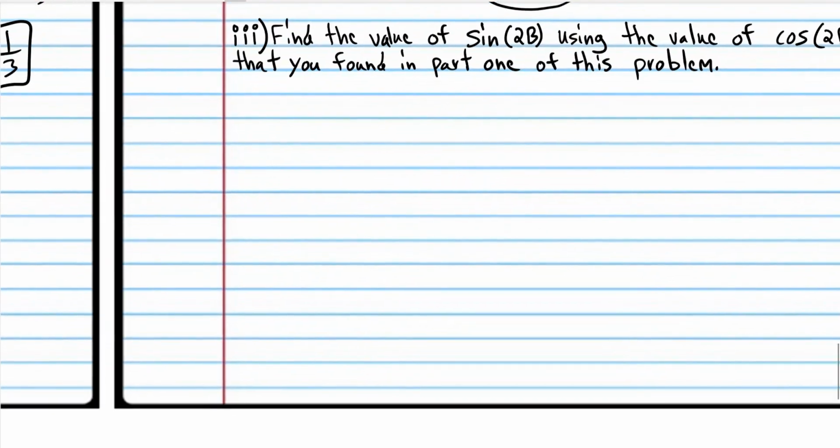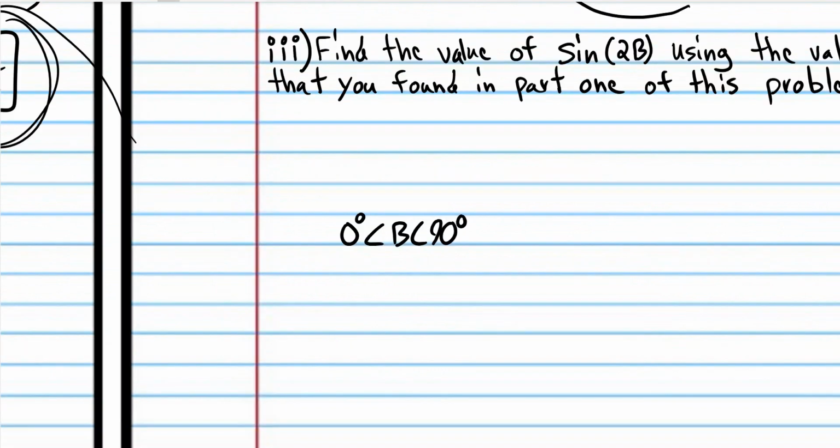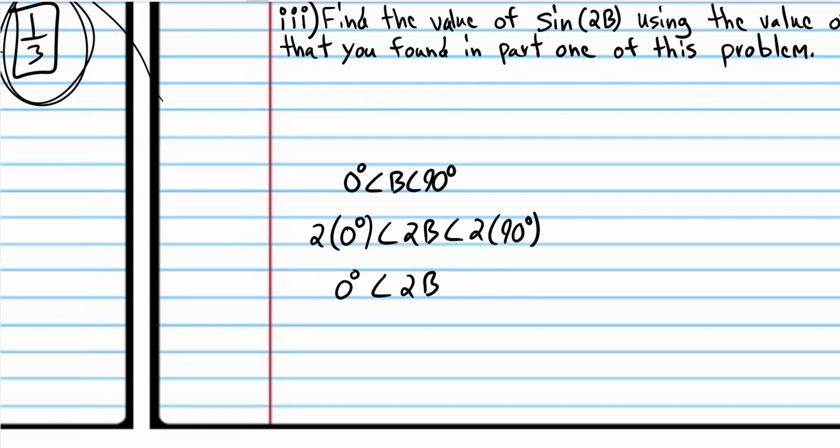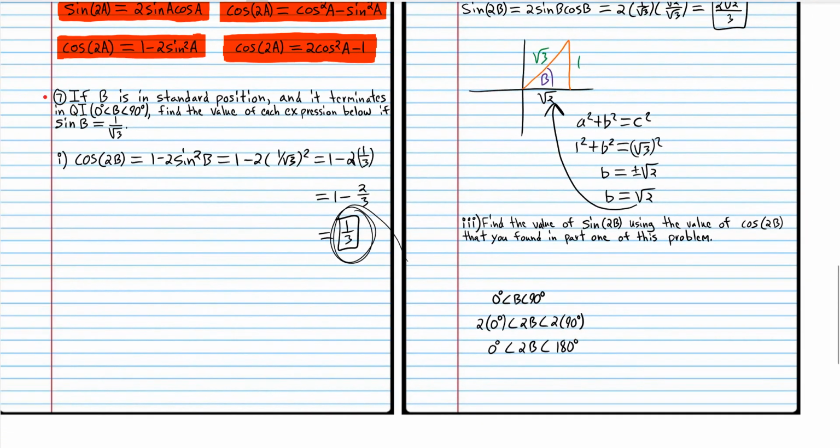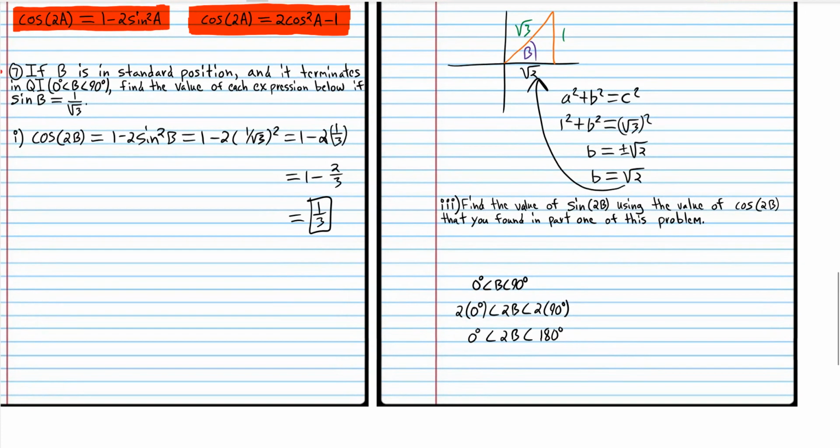So this is just a different way to do this. We're going to figure out the possible values for 2b, and it seems that 2b has to be between 0 and 180 degrees. But we know that cosine 2b is positive 1/3, so it can't be in the second quadrant. It's got to be in the first quadrant.